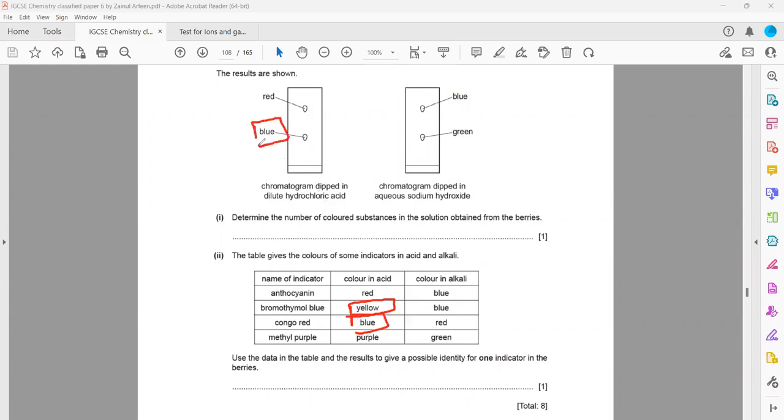There is a blue color, so it might be Congo red, but in alkali it should be red, and there is no red color, so it is not Congo red. Methyl purple should show a purple color, but there's no purple color present in acid. The only one that matches is red in acid and blue in alkaline. So anthocyanin is the right answer.